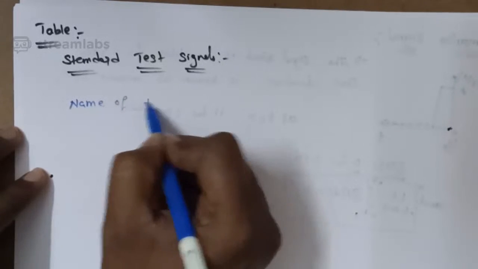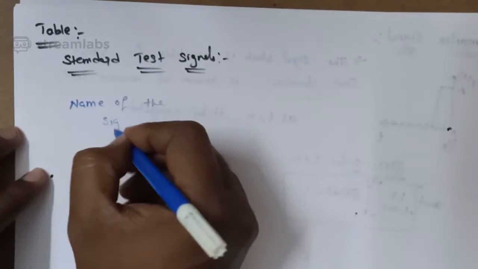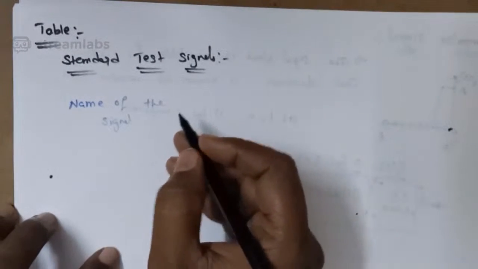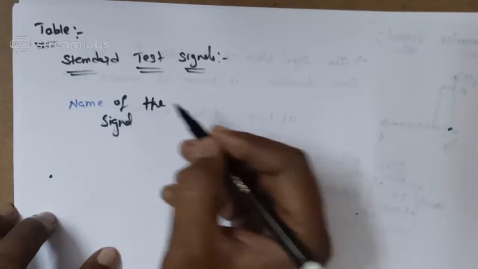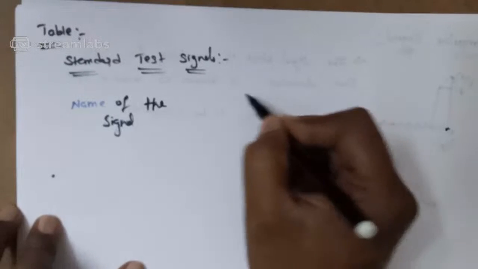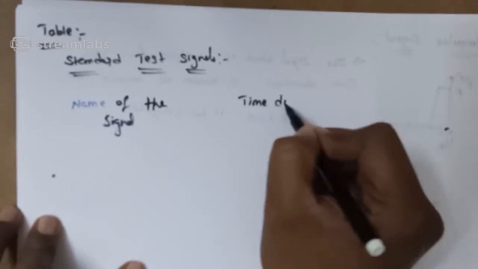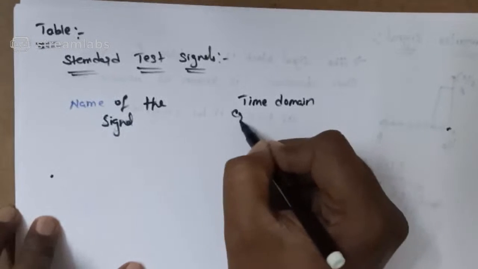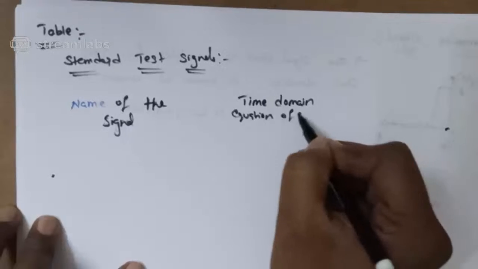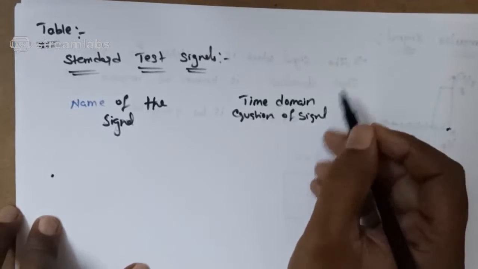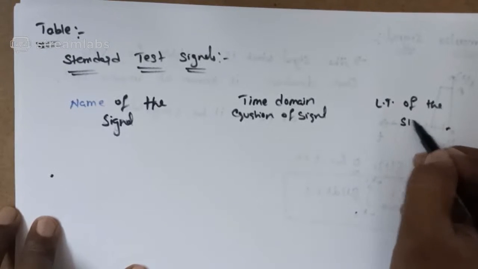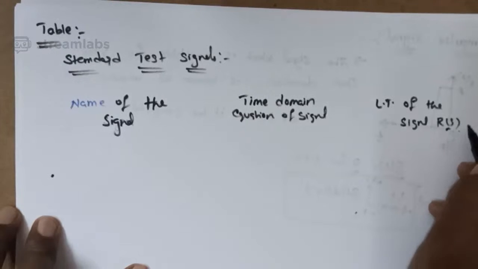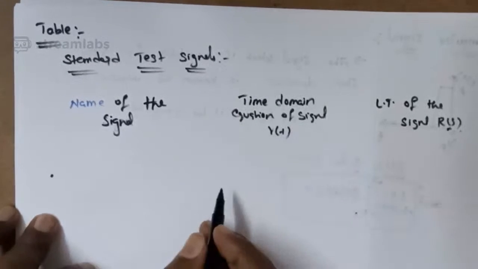Name of the signal, time domain equation of the signal, Laplace transform of the signal, R of s. Here it is R of t.